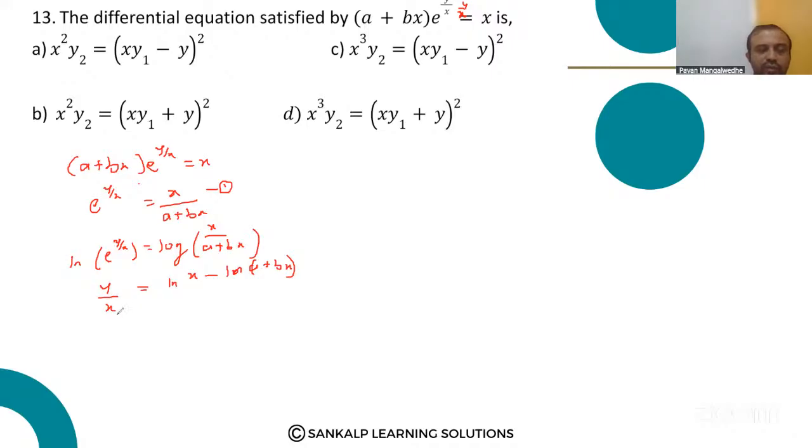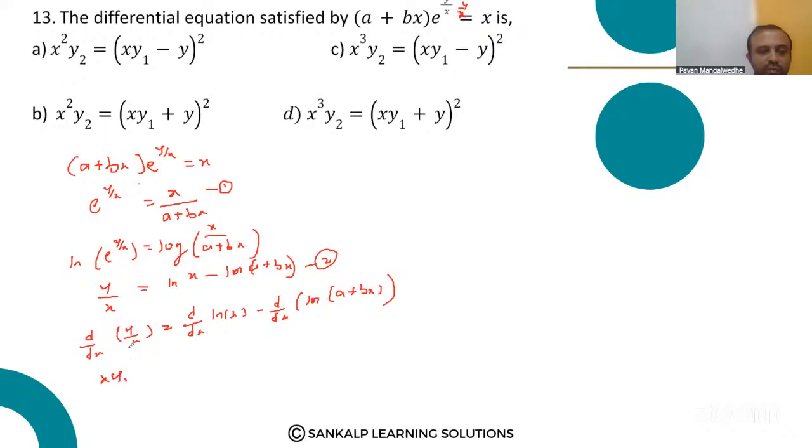So first, differentiate equation 2 with respect to x. That is d by dx of y by x equals d by dx of log x minus d by dx of log of a plus bx.